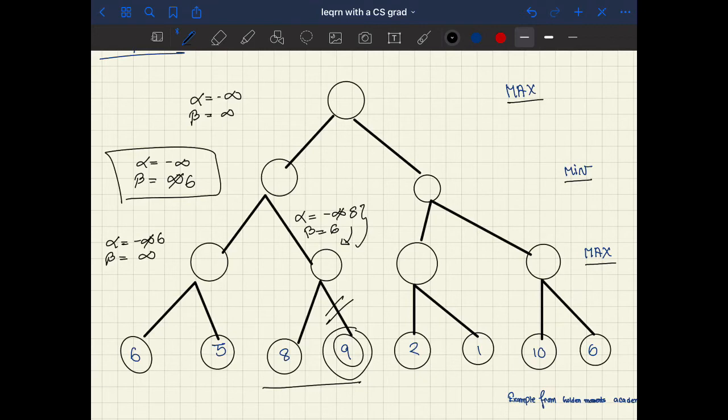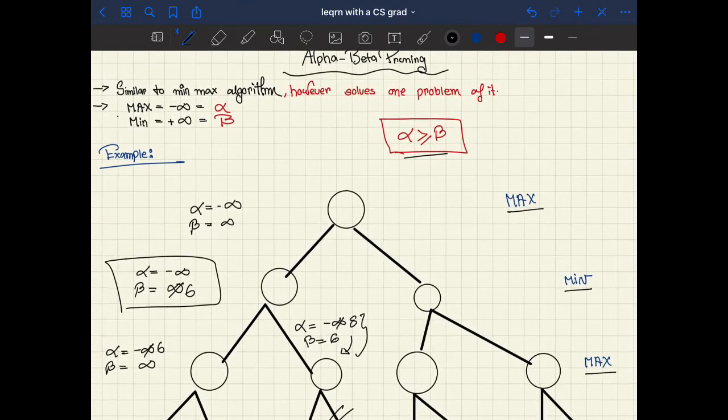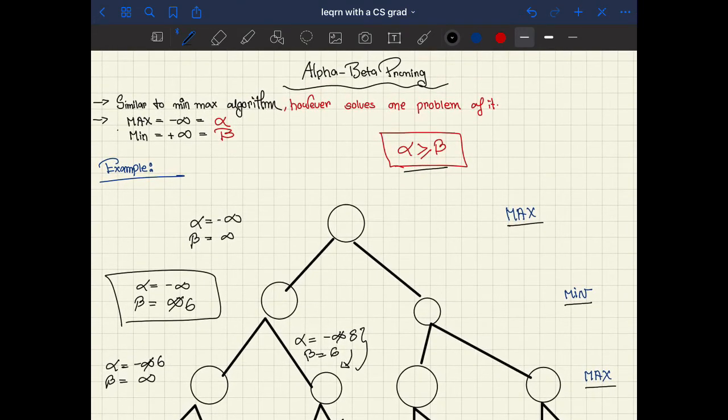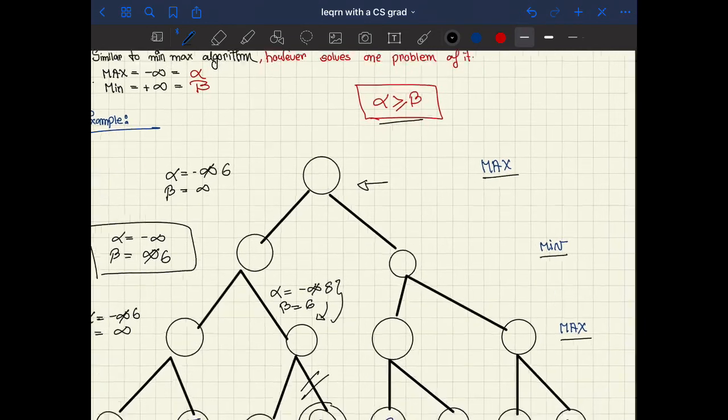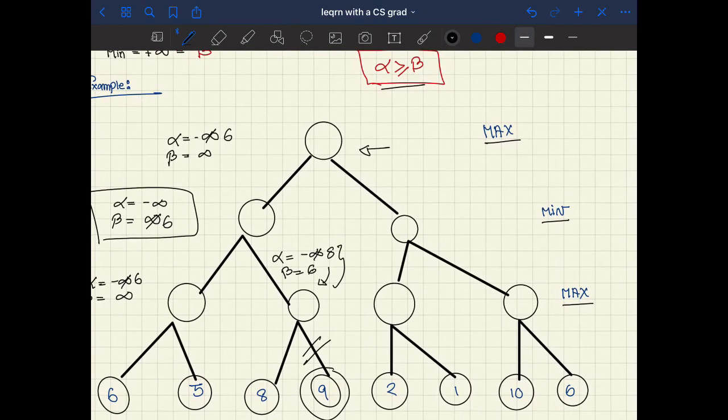Which one is better, 6 or 8, or the value that we have? The value that we have is better, so we don't change anything, and the value goes up. In the root node, we're looking for the max value. Is my negative infinity better? No, 6 is better, so we put 6 here.